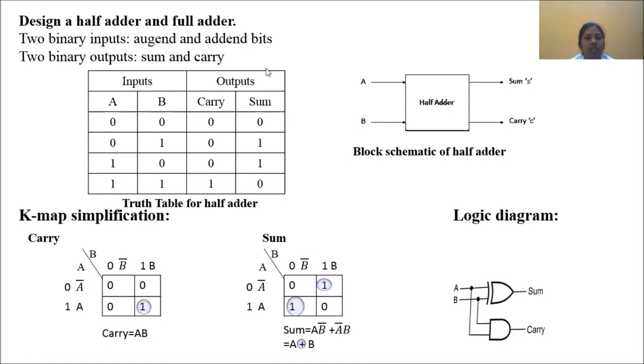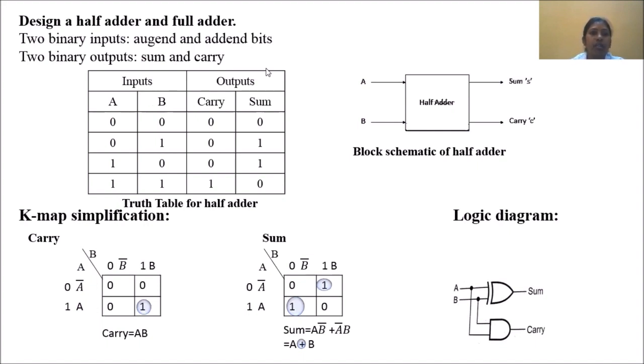The first one is the truth table for the half adder. Half adder denotes the addition of two binary bits. Here the inputs are defined as A and B. The possible combinations are provided and the outputs here are the carry and sum.